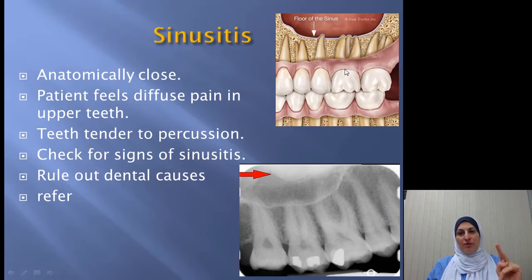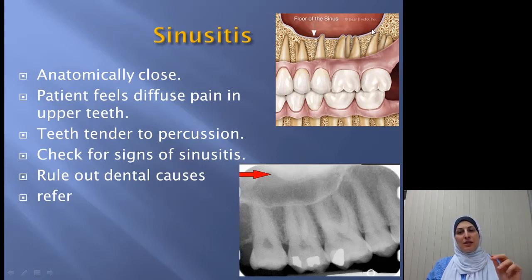So there are two causes of pain when there is sinusitis. First, the close proximity. There's inflammation in the mucosa here, and this might affect the bone, which is close to the teeth. So this area would be inflamed.